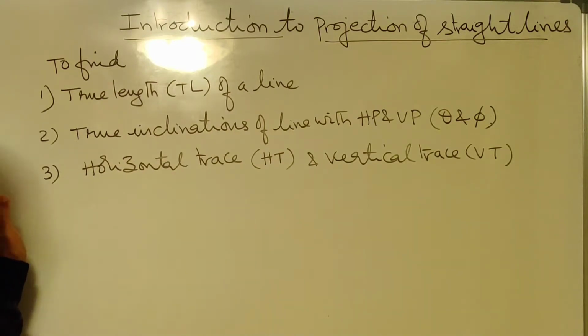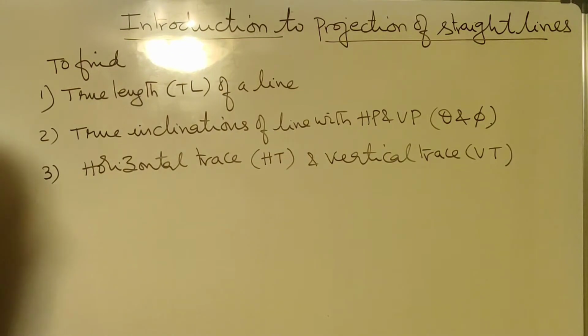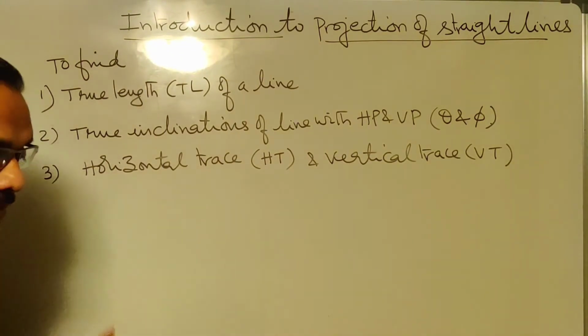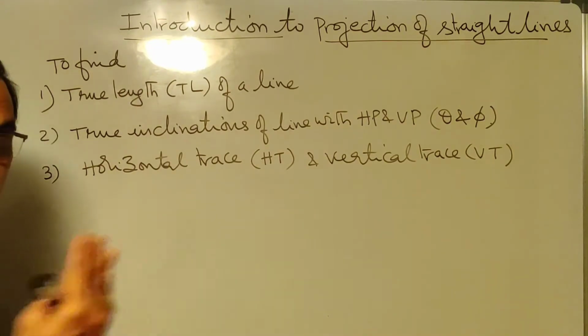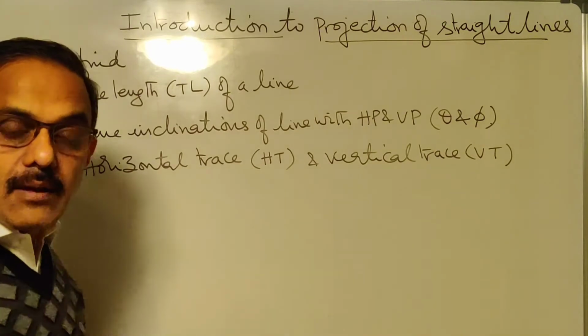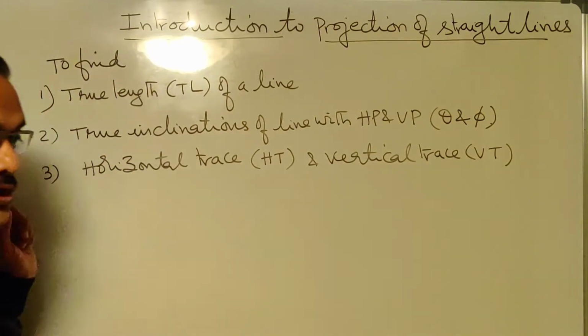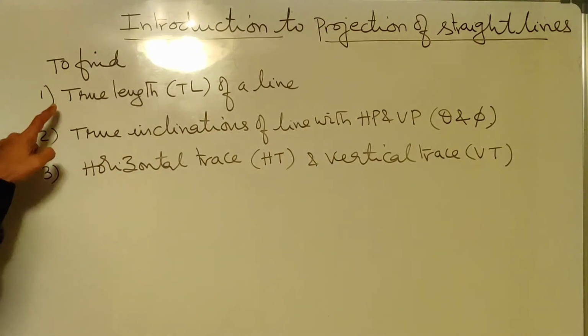I am going to show you various positions of a line with reference to VP and HP. We will restrict our discussion once again only to VP and HP. Let us not involve the profile planes right now. RPP and LPP will not be involved now. So for a given position of a line, you are going to find these three things.